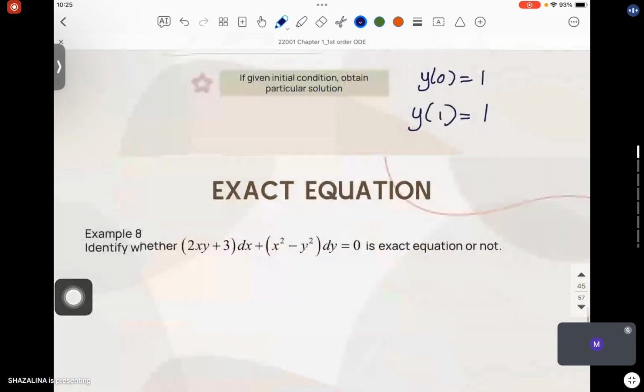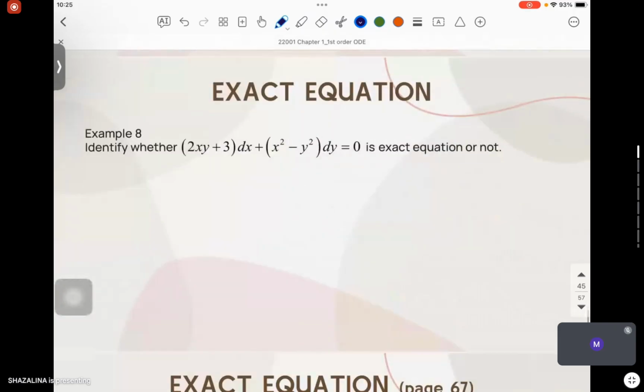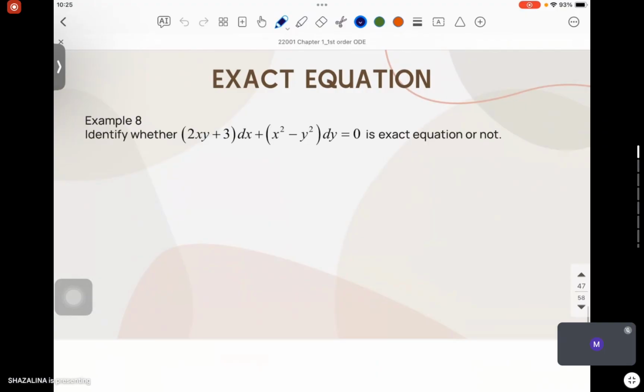Ada soalan sebelum saya masuk kepada example? Right. Example 8. Identify whether (2xy plus 3) dx plus (x square minus y square) dy equals to 0.